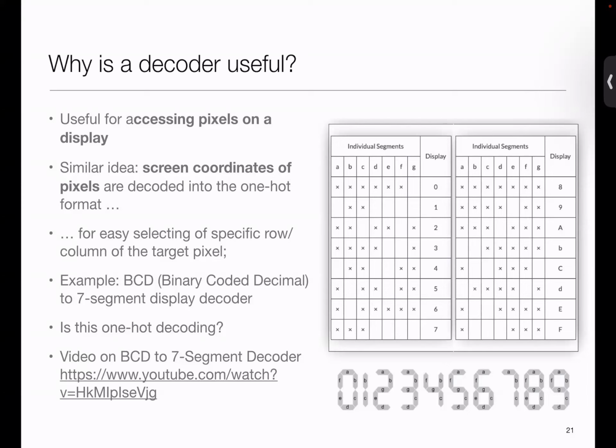You may have seen in your calculators displays which look like this in the bottom part of the screen, right? Using little LEDs, they make different numbers, for example. So these kinds of displays are basically composed of LEDs, as you can see from the number 8. 7 LEDs.